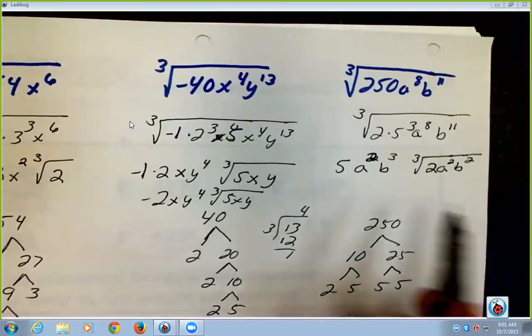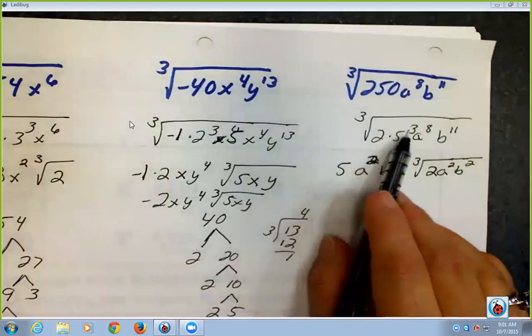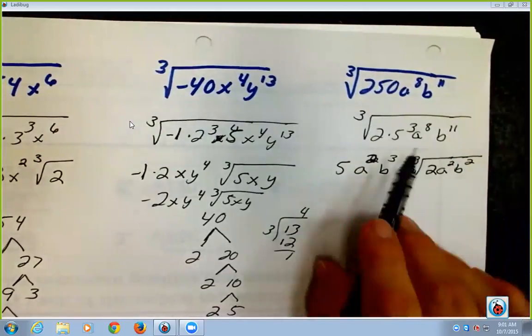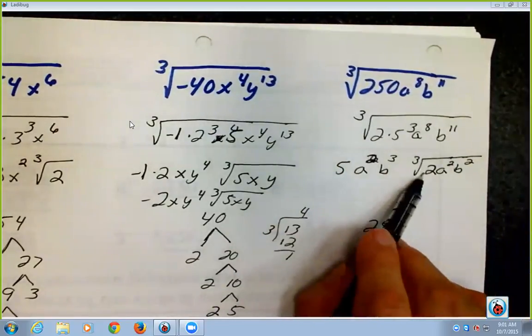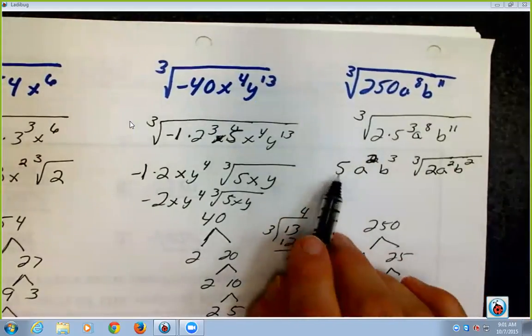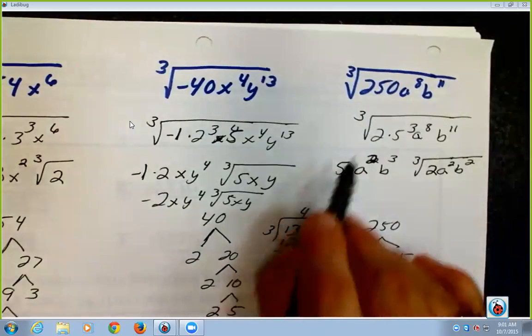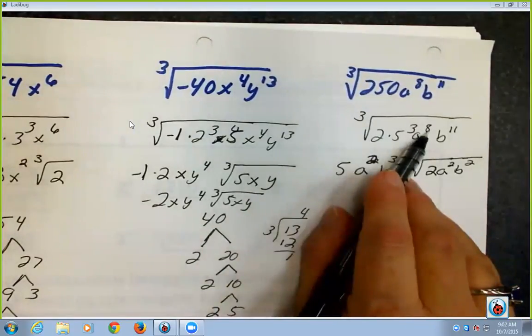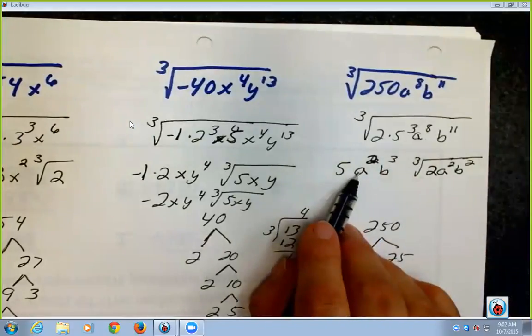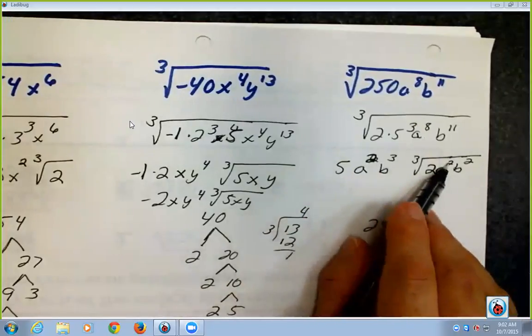Okay, so when you break it apart, 250 becomes 2 times 5 to the 3rd power. 2 has to stay under the radical. 5 to the 3rd power, I can pull out a 5 because 3 goes into 3 once. 3 goes into 8 twice, leaves me 6 from 8 is 2, so I pull out an a squared, but I leave an a squared under my radical.